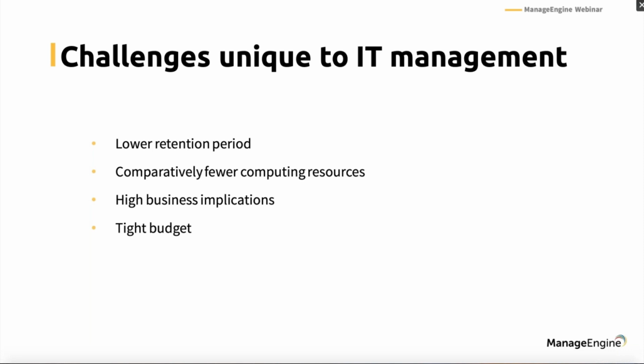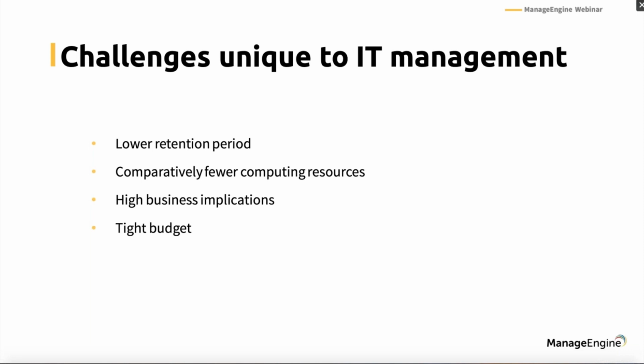And then you also have comparatively fewer computing resources dedicated to IT management, right? Your server monitoring or your log collection is already an intensive process. Adding a GPU to process AI on your log management is really not something we can adapt to.